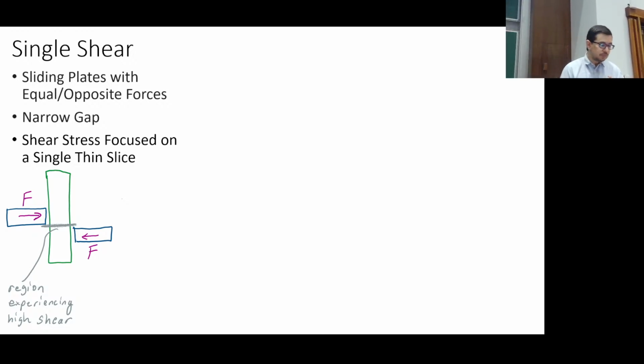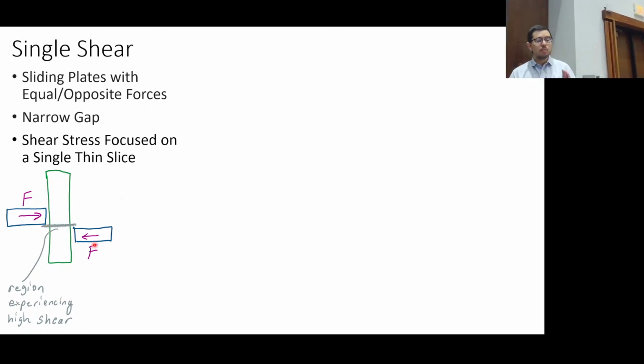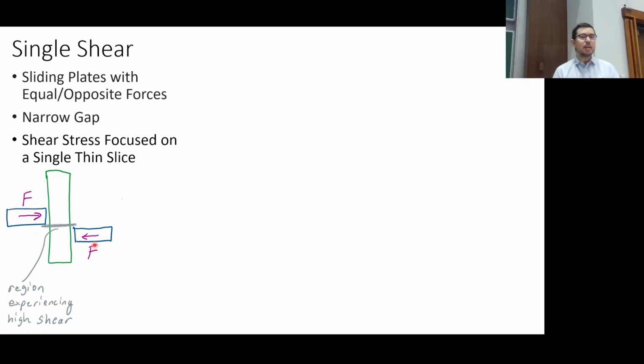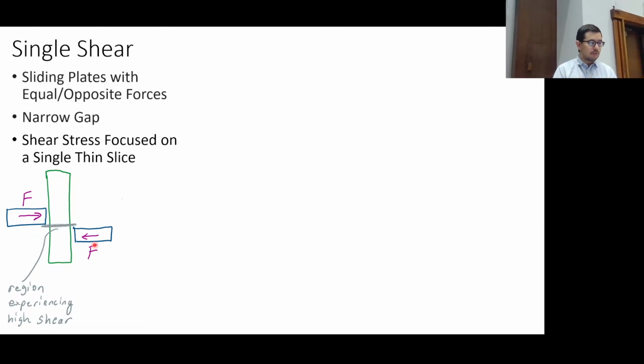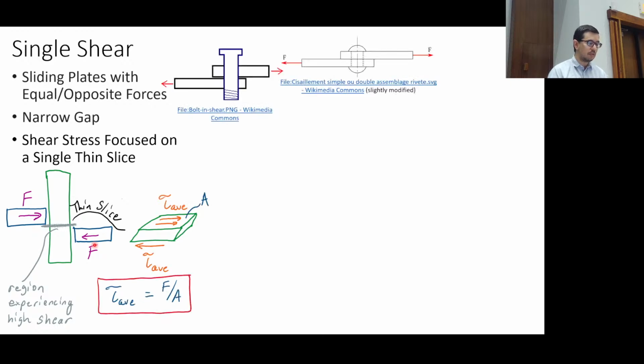With this type of system, or this configuration, we talked about it last time, some physical analogies will look like this pin. I'll go through that in a second.